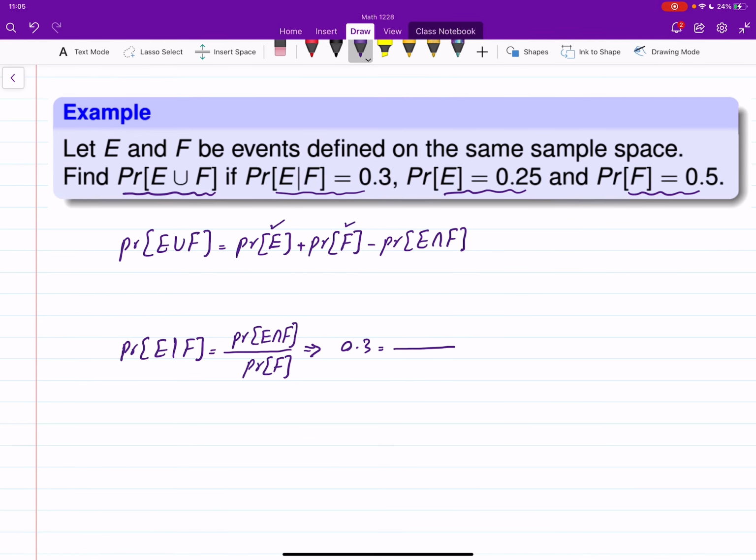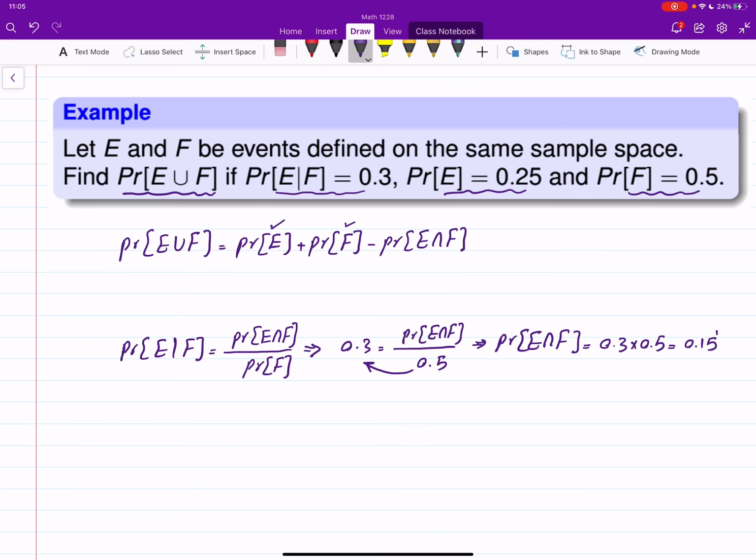The right-hand side, the numerator, is what we are trying to find. And the denominator, 0.5, is given. Now you just need to multiply this to the other side and get the probability of the intersection. And that is 0.15.